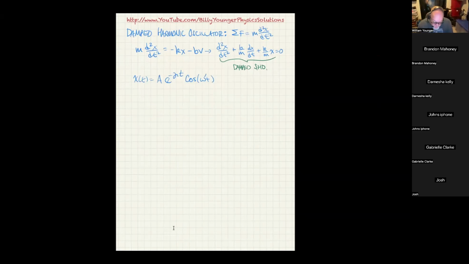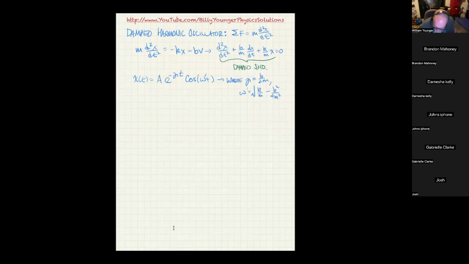You can take the derivative of that and then the second derivative and plug all that in, and you'll see exactly where the gamma comes from. But generally speaking, gamma is equal to b over 2m and omega prime is equal to the square root of k over m minus b squared over 4m squared.